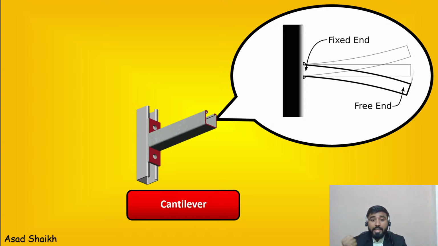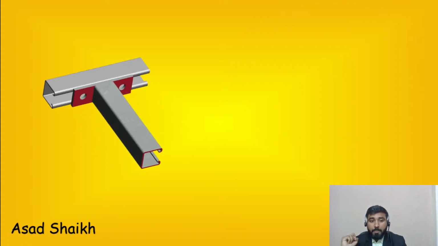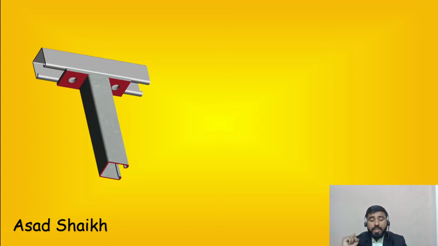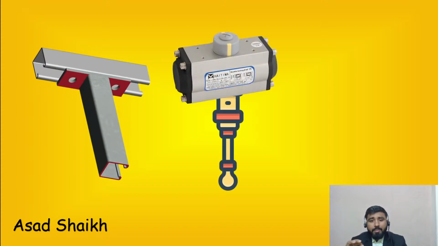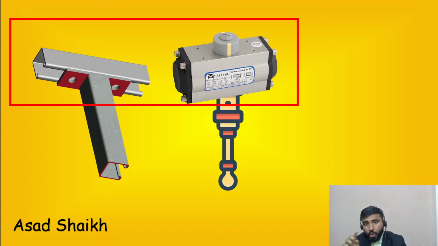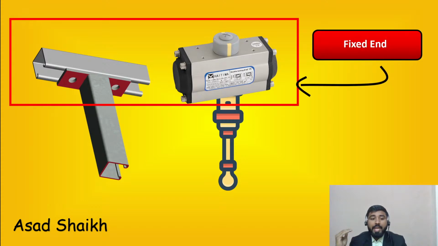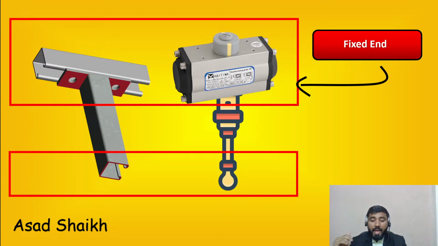Now that being the case, how does this help in our trim design? Let us look into that point. If you see here, this design is similar to a valve connected to a plug. The top side is the fixed end, and the bottom is free, the unsupported end.